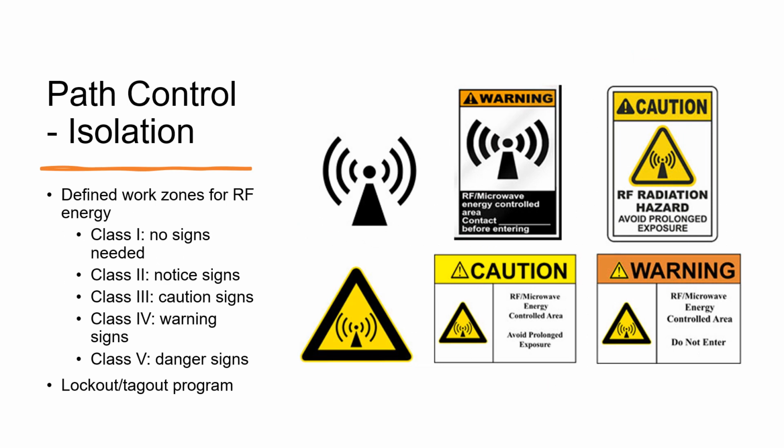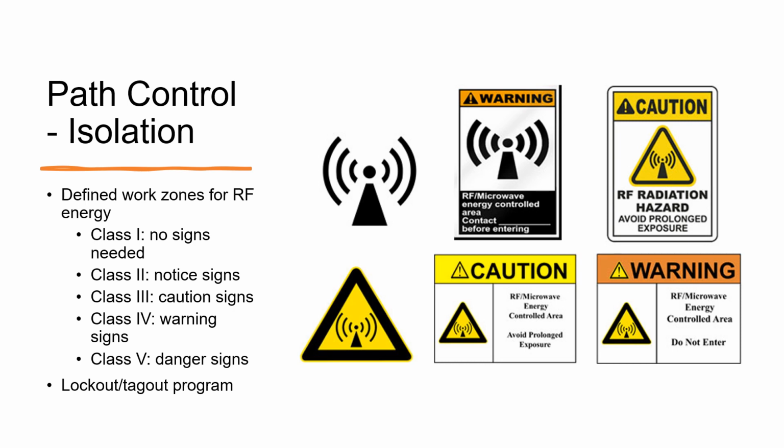Another form of path control for non-ionizing radiation is isolation. This essentially relies on making individuals aware of the hazard and warning them to stay away from the source. So in the US, there are defined work zones that are specifically for radio frequency energy that depend on the severity of the hazard.